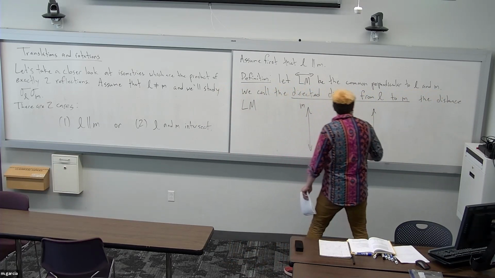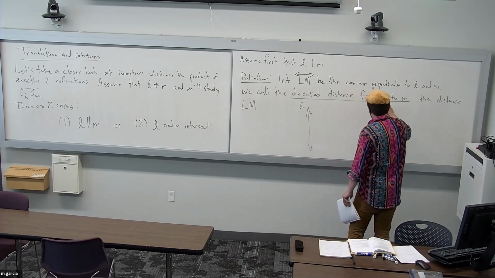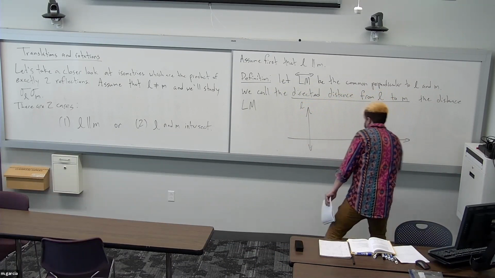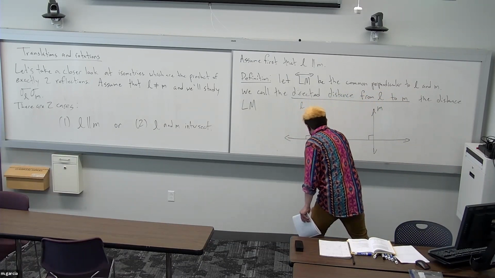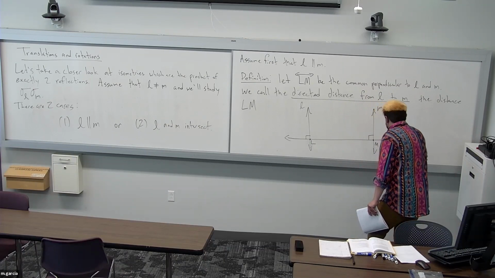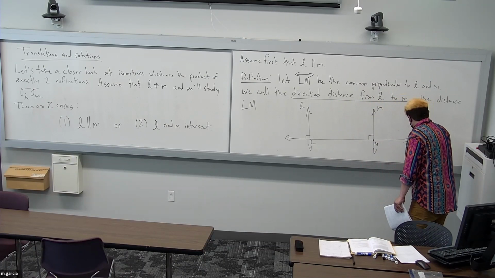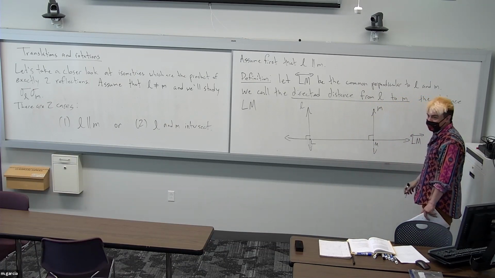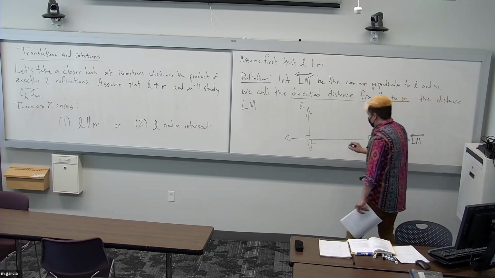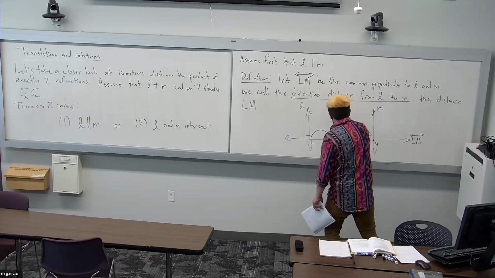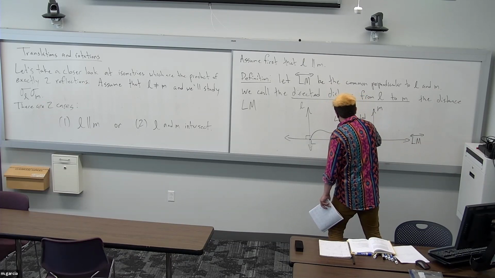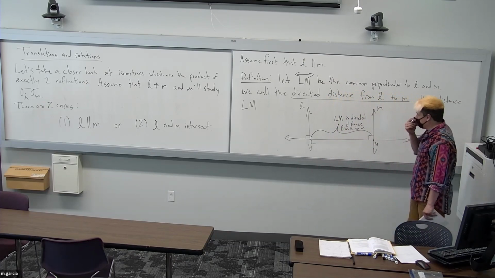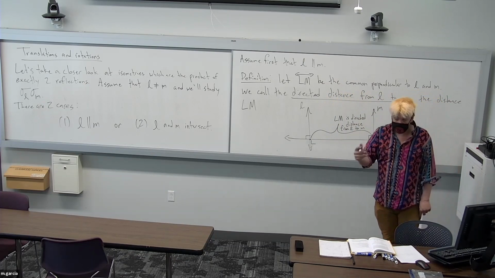Okay. Pictorially, we have, let's say this is L, and this is the line M. We have a common perpendicular since they're parallel, and we'll call this point of intersection L, and this point of intersection M. Then this line is the unique line through L and M. And then the distance LM is the directed distance from L to M. Okay, so directed distance is a characteristic that two parallel lines share.